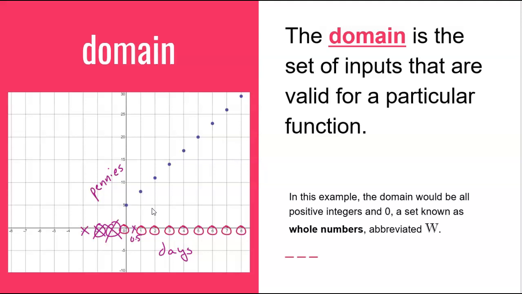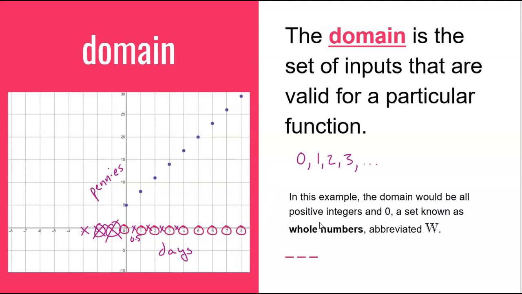It only happened in a chunk at 1 day. So all these in-between numbers are not valid either. For this function that we talked about in this example, our domain would be 0, 1, 2, 3, and so on. All these positive integers plus 0. That would be considered our domain.